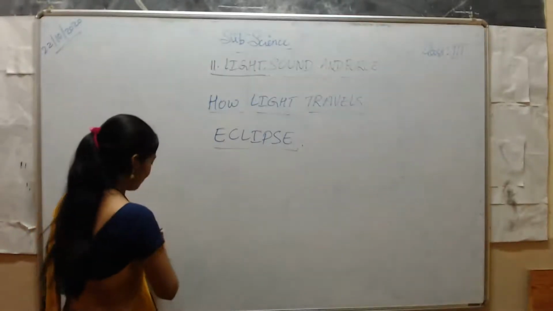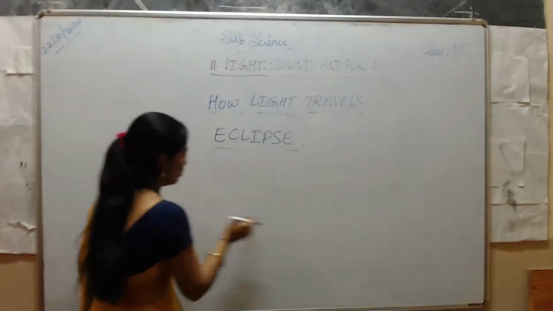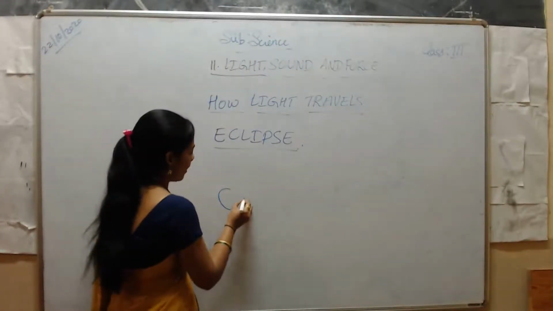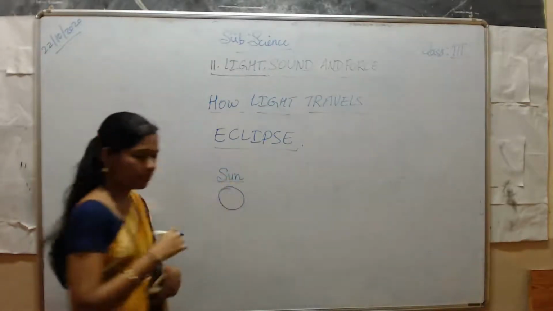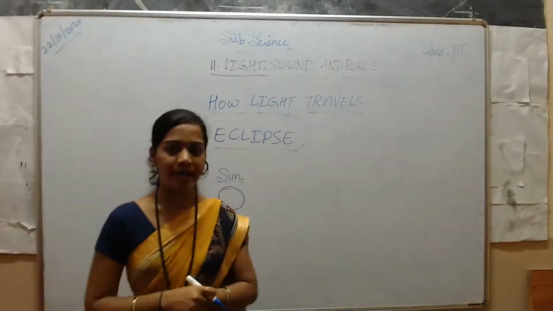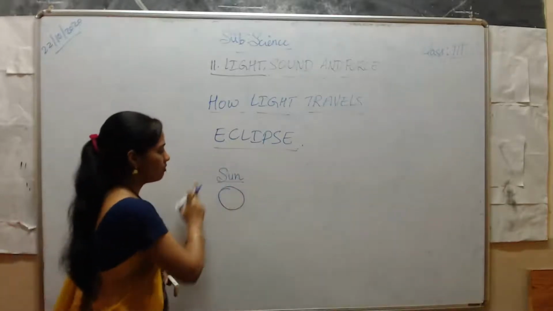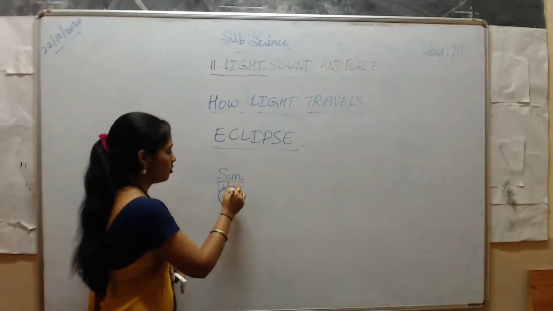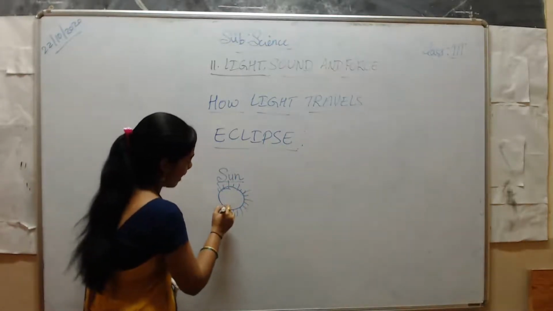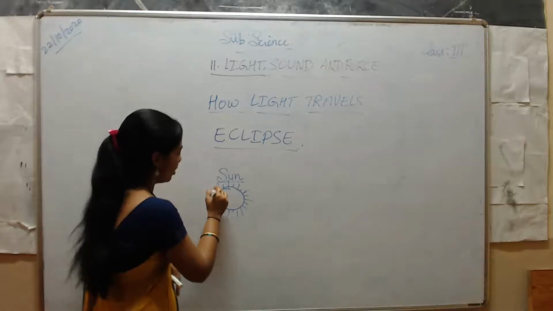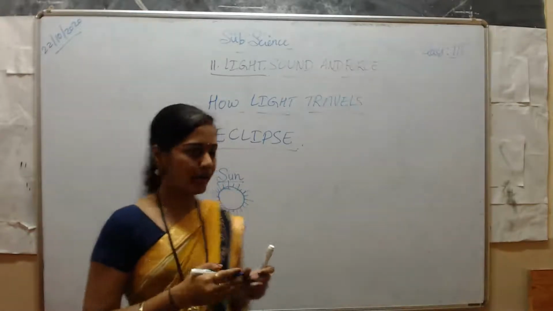We have the 9 planets, right? The sun is there, and all the planets revolve around the sun. Earth is also a planet. Earth is the planet where we are staying.